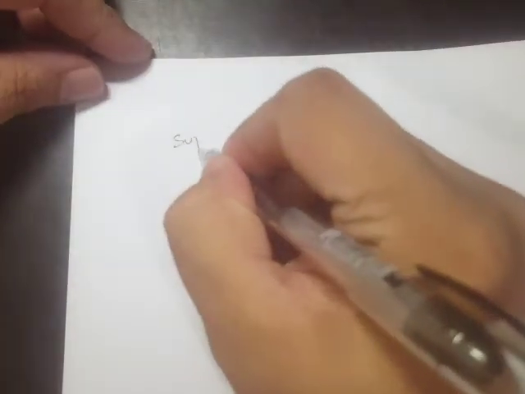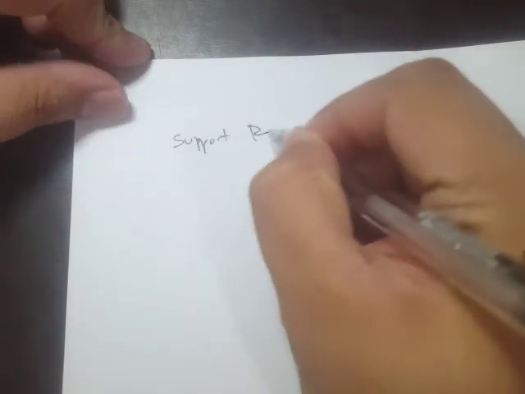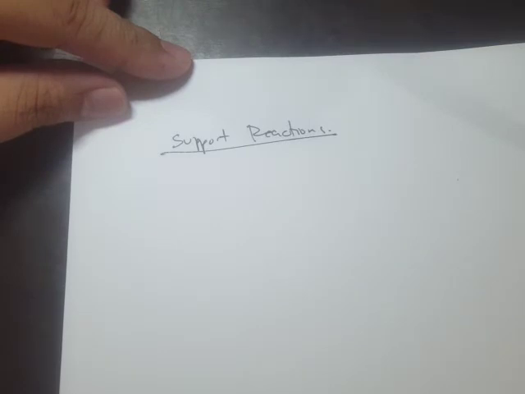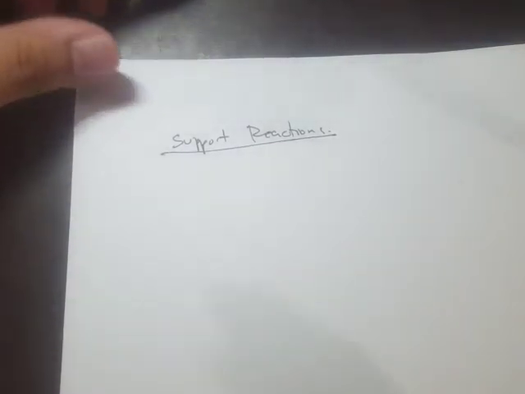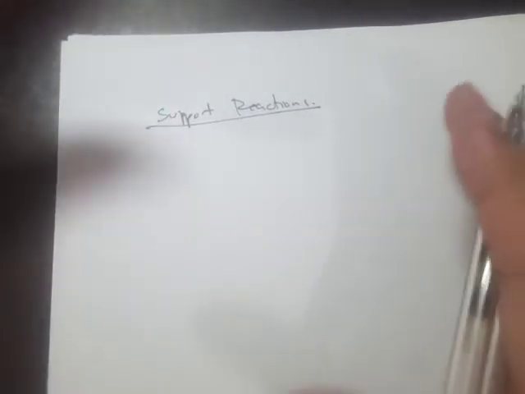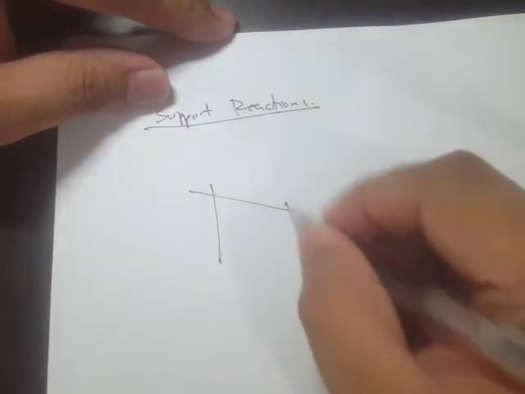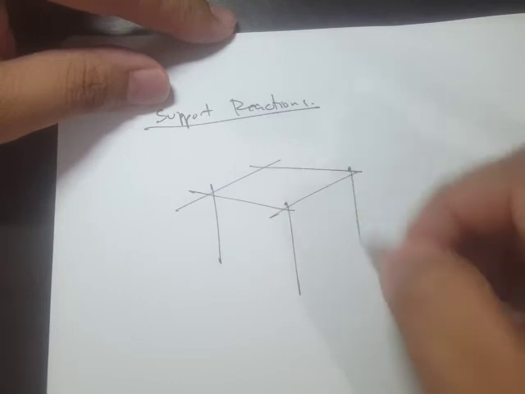Now let's move on to the support reactions. The topic of support reactions is actually an idealization, for example, of frame buildings. Let's say we have a frame building right here.